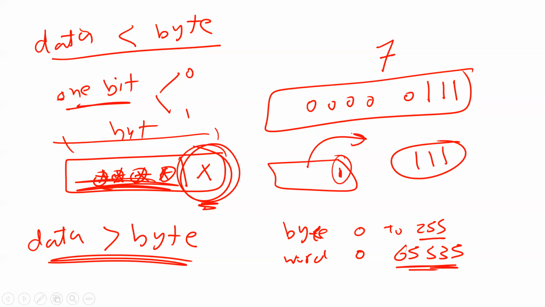All the time I have to store a byte. After I read the byte, I look at my data, 1 bit or 2 bits, and ignore the others. Because the minimum unit, or actually the only unit we have, is a byte. So if your data is less than a byte, you have to store it in a byte anyway. After you read the byte, you can look at this part and just ignore the others. You can do that.